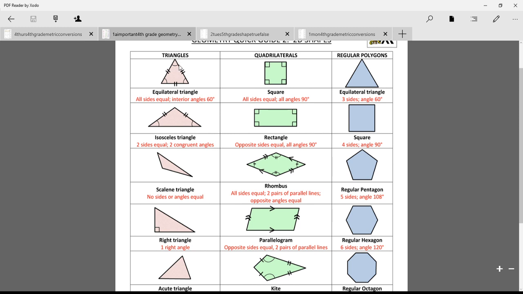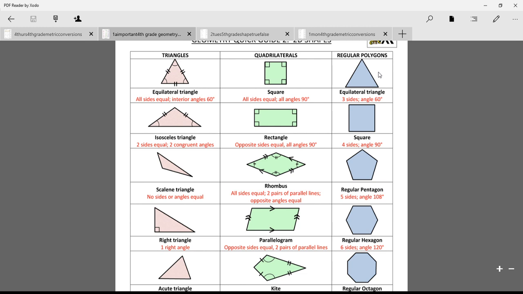Triangles obviously have 3 sides and angles. Quadrilaterals have 4 sides. Quad means 4. And polygon just means any shape with more than 2 sides.